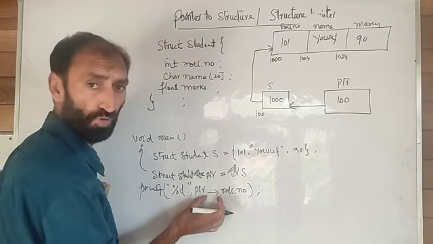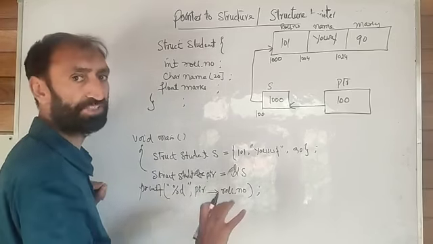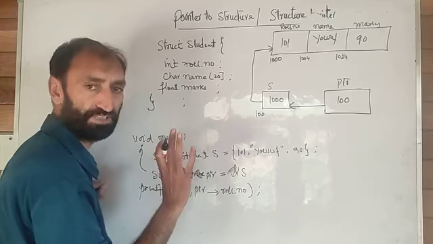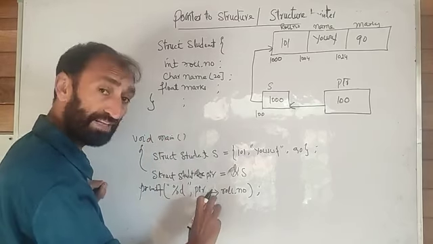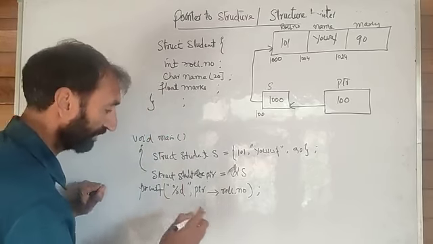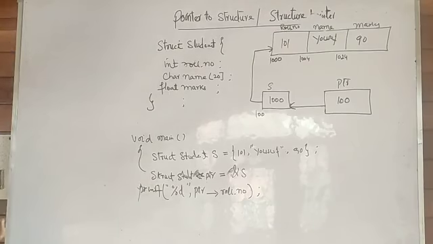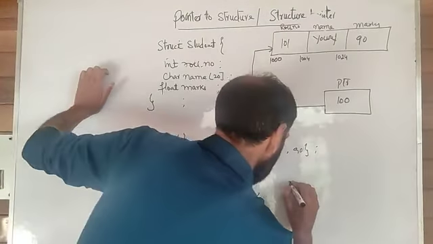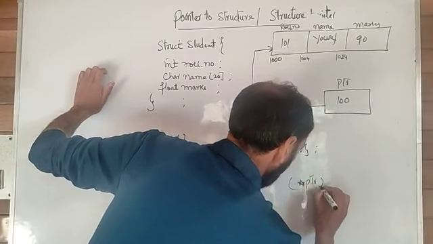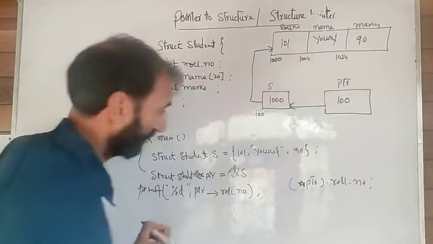This arrow symbol is used to access the members of the structure, members of this object, through pointers. ptr arrow roll number. Take care. It is equal to, for example, ptr dot roll number. Take care.